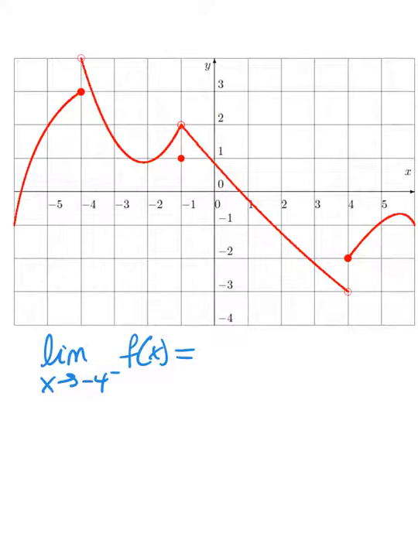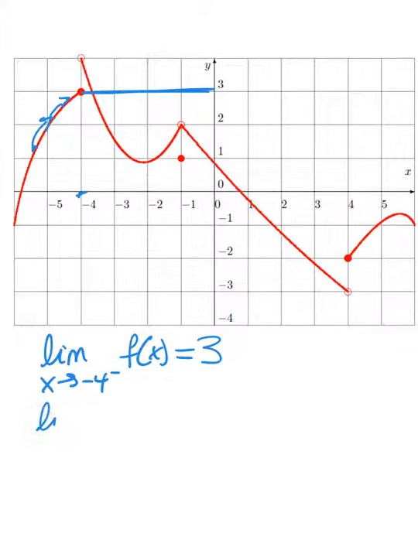Okay, so I go to negative 4, that's over here, right? And I'm going to the left. Well, this is the left. And I'm saying, okay, as my graph gets closer and closer to negative 4 on the x on the left, my y is actually getting closer to 3. Hopefully you guys all see that.